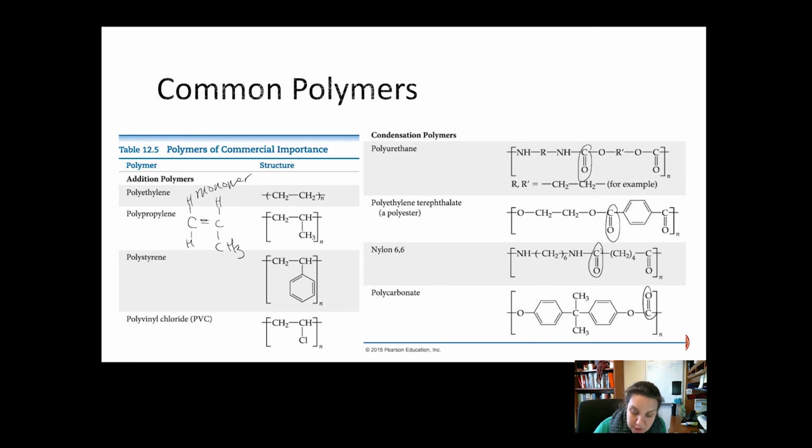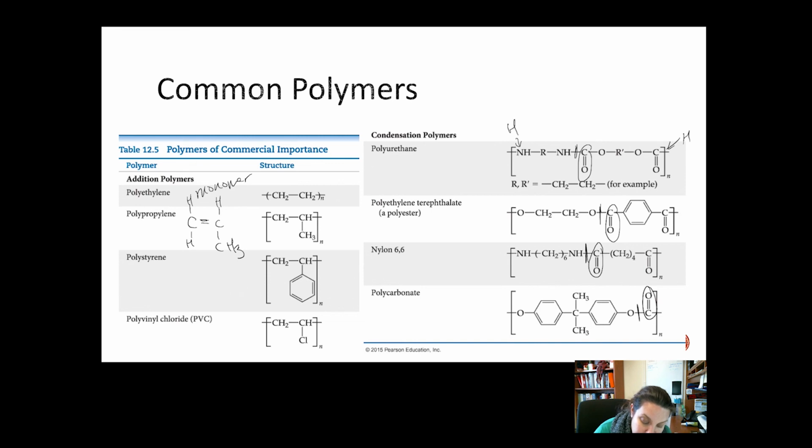And we break the bond between there, like so, putting a hydrogen on the nitrogen and oxygen, putting a hydroxide on the carbon with the double bonded oxygen on it. And we'd have to also put a hydrogen here and a hydrogen here.